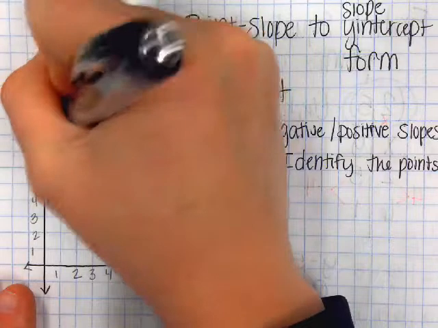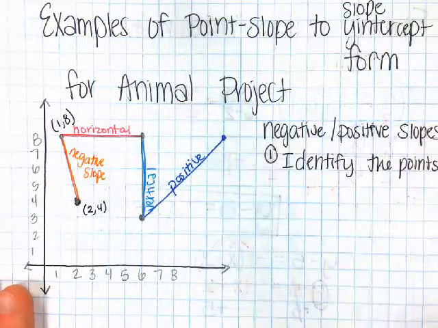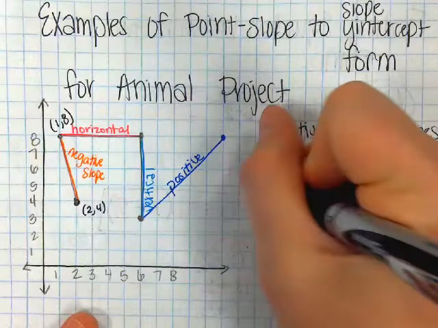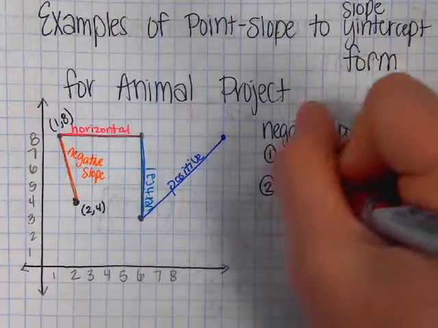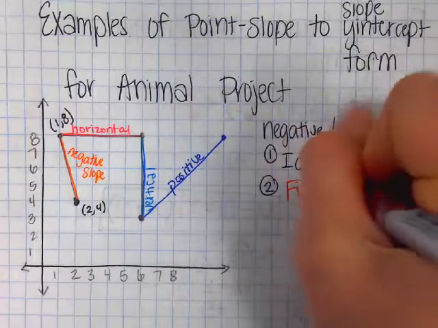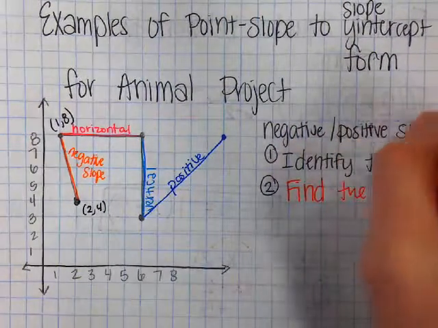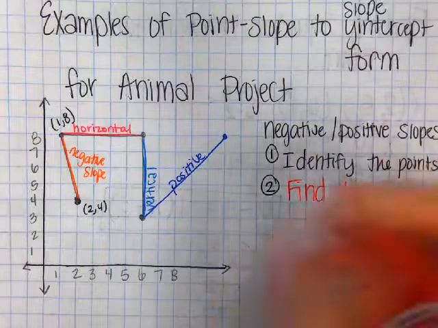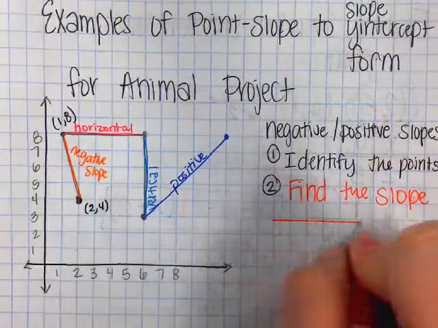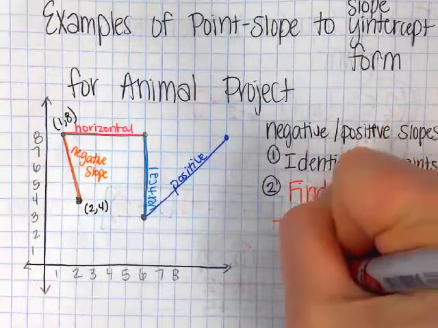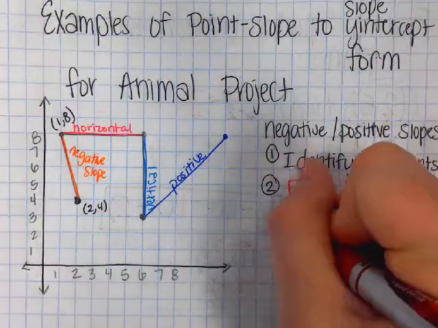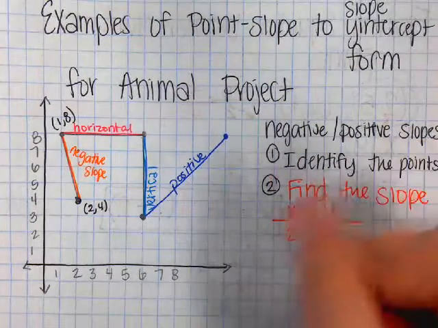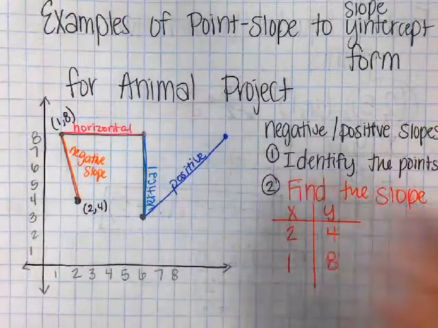This point is at 1, 8. Okay. Part 2. Find the slope. So x, y, the first point is at 2, 4. Next point is at 1, 8.